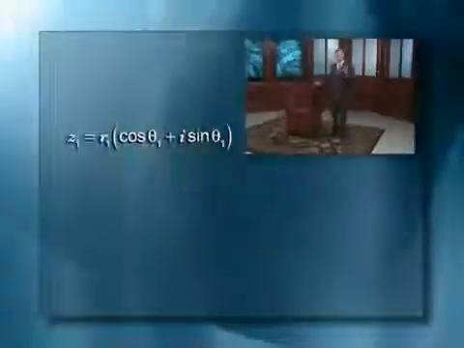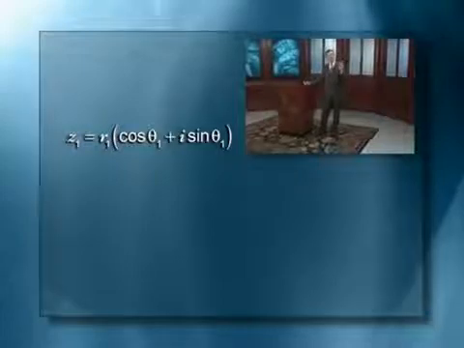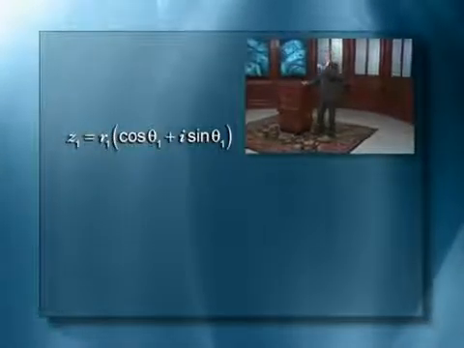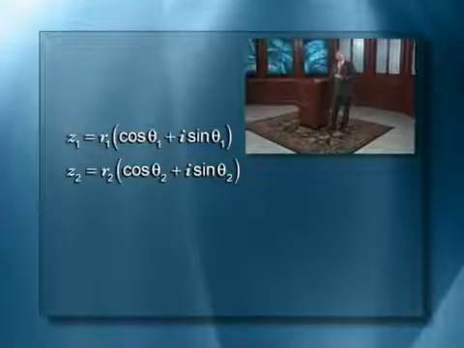Okay, division and multiplication. These complex numbers can be multiplied and divided very conveniently. Let me just show you the formulas. They're beautiful formulas, and they're based on the summation formulas for the sine of a sum and the cosine of a sum. Suppose z1 is written in trigonometric form as r1 times cosine theta 1 plus i sine theta 1, and the second complex number is r2 times cosine theta 2 plus i sine theta 2.